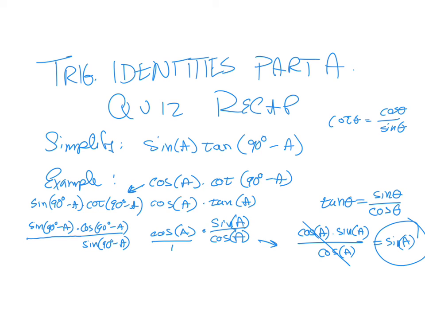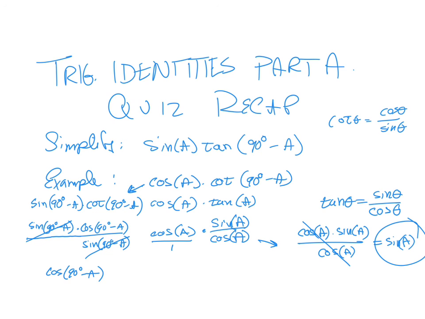And as I did in the last example, I see that one of the factors in the numerator matches my denominator. So this and this cancel out again. And that leaves me with simply cosine of 90 degrees minus A.